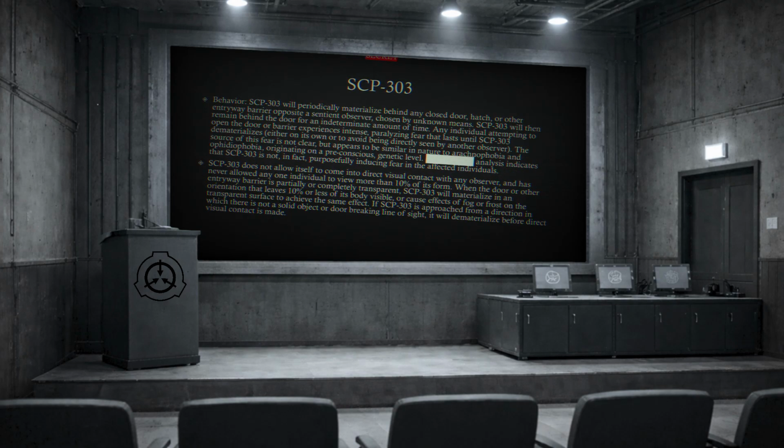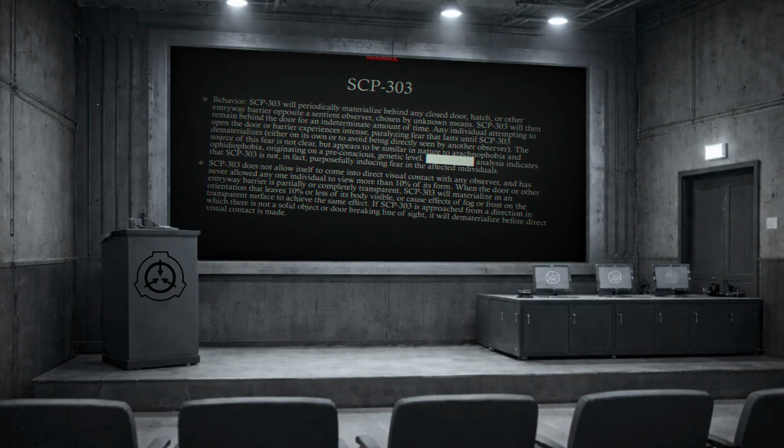The behavior of SCP-303. SCP-303 will periodically materialize behind any closed door, hatch, or any other entryway barrier opposite a sentient observer, chosen by some unknown means. SCP-303 will then remain behind the door for an indeterminate amount of time.